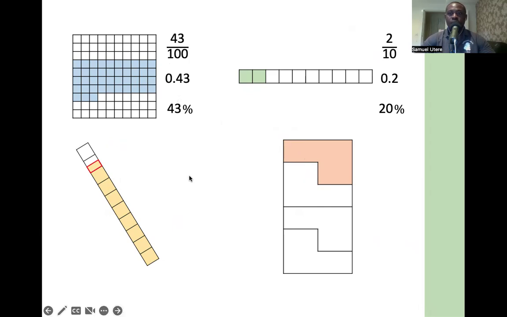Now, we know that 8 parts out of 10 is 8/10, but now we have 8.5 tenths. If we were to stack this up to 100 squares, or if we think about writing this as a decimal, as a percentage, that will be 85%.